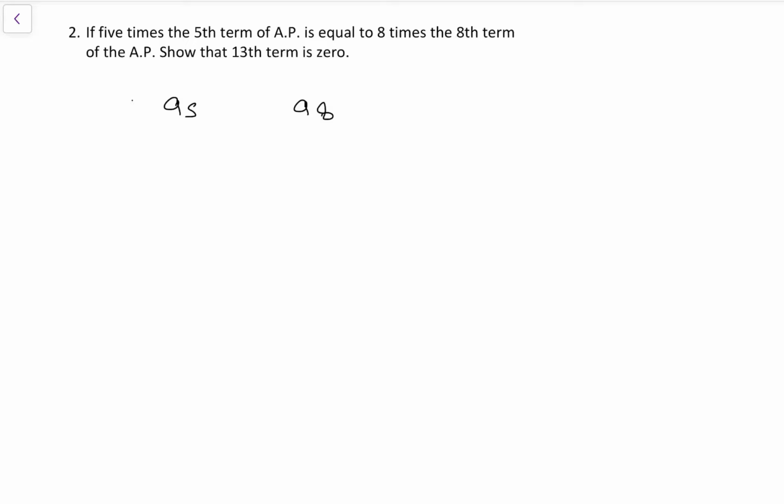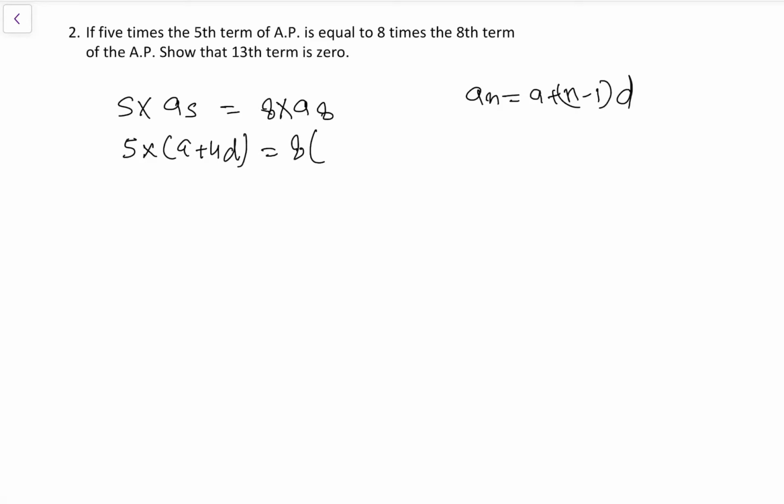So what is given? 5 into A5 is equal to 8 into A8, and we know that An is equal to A plus n minus 1 D. So we use that formula. 5 into A5 will become A plus 4D, 8 into A8 will become A plus 7D. This will become 5A plus 20D is equal to 8A plus 56D.